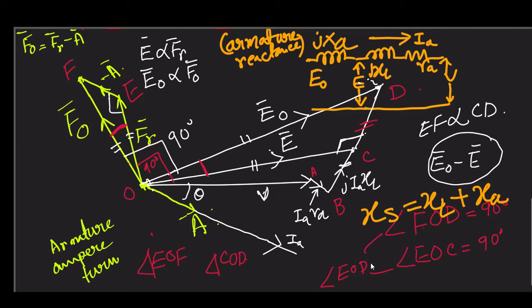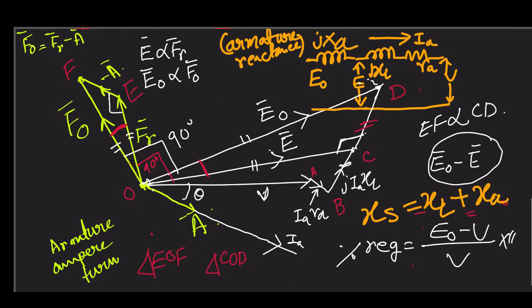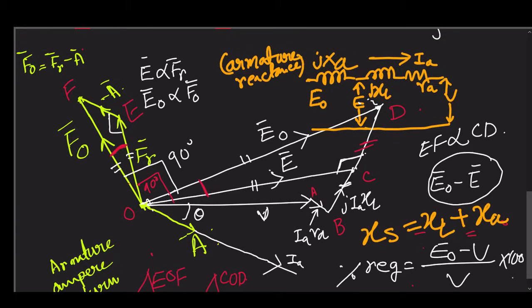So the amount of regulation is, generally for a certain load current, we adjust our field winding in such a manner that our V, the terminal voltage, reaches the rated voltage of the machine.